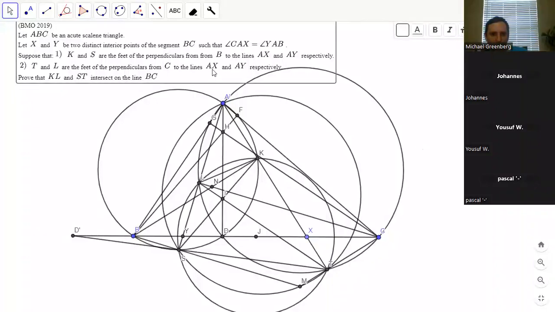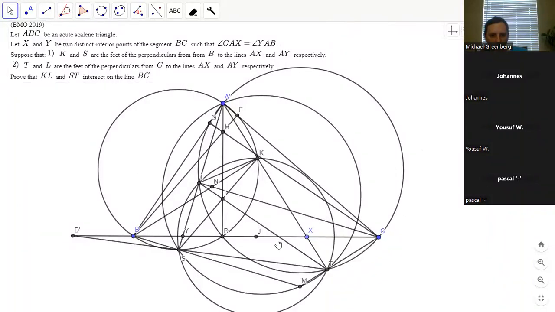We denoted M. So since AM is the diameter of the circle, it implies that MST is similar to E. No. This one is, it's this one. No, that's wrong.